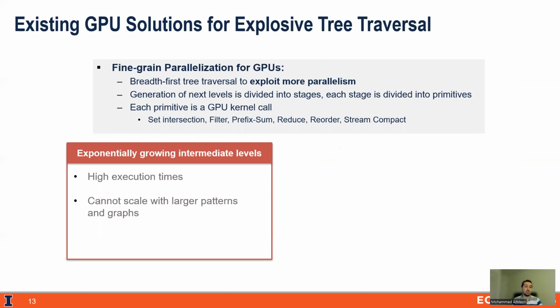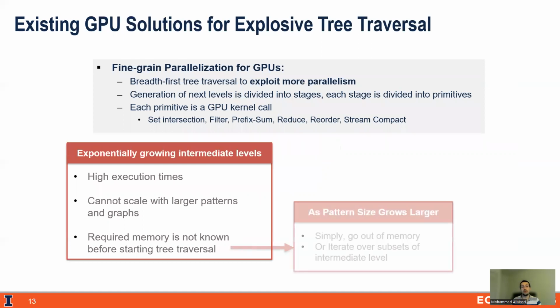These solutions cannot really scale with large patterns and graphs. Patterns can be cliques or any different shape in the subgraph matching problem, which is a similar problem to K-Clique counting. The required memory is not known before starting the traversal, and this is a problem because sometimes you need to get back to the CPU to reserve more memory or offload memory.